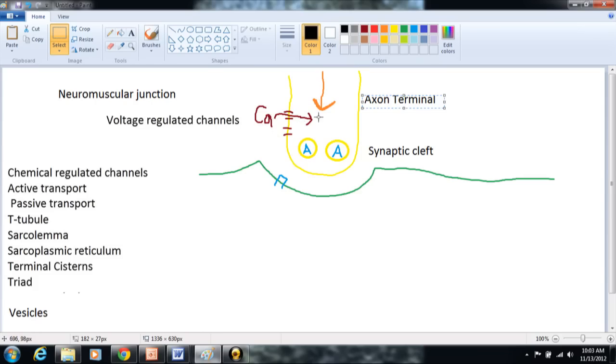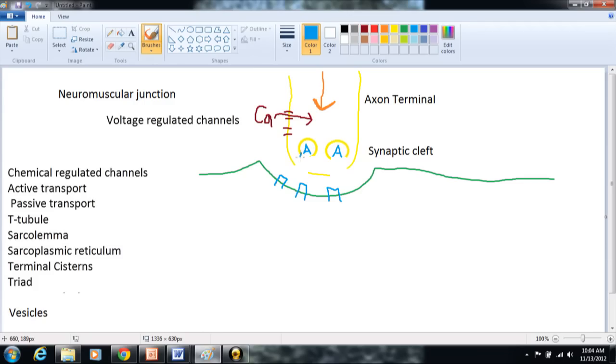Okay, so calcium rushes into the cell. I'm going to draw a few more of these receptors. When calcium rushes into the cell, it causes exocytosis of these vesicles, and that then releases acetylcholine across the synaptic cleft.